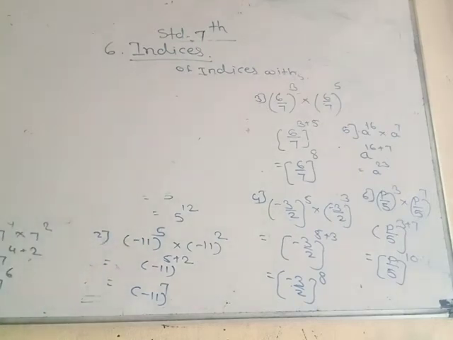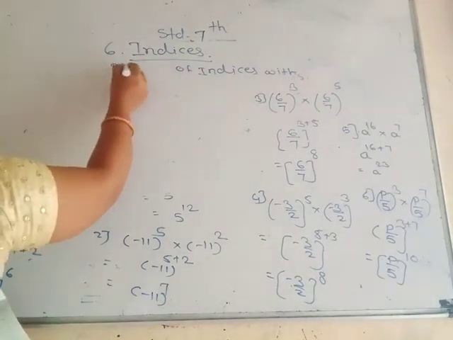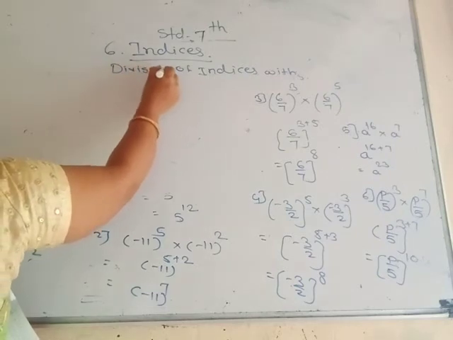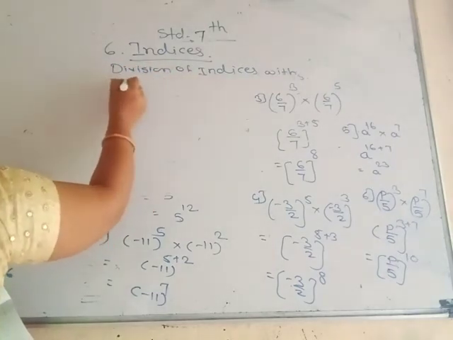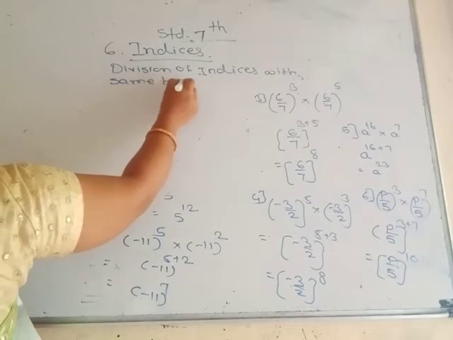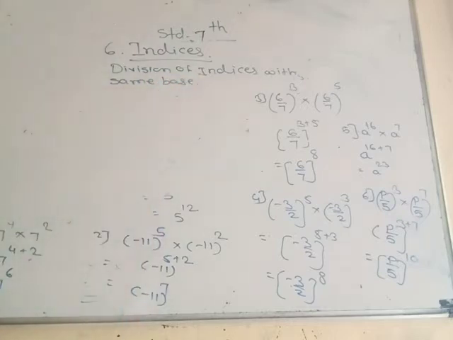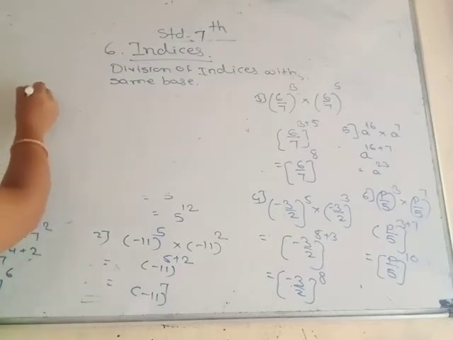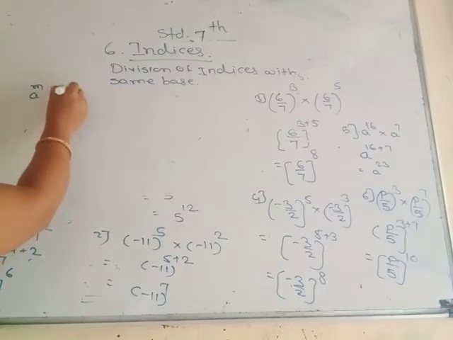Division of indices with the same base. If a is any non-zero rational number and m and n are positive integers, then what? a raised to the power m divided by a raised to the power n.